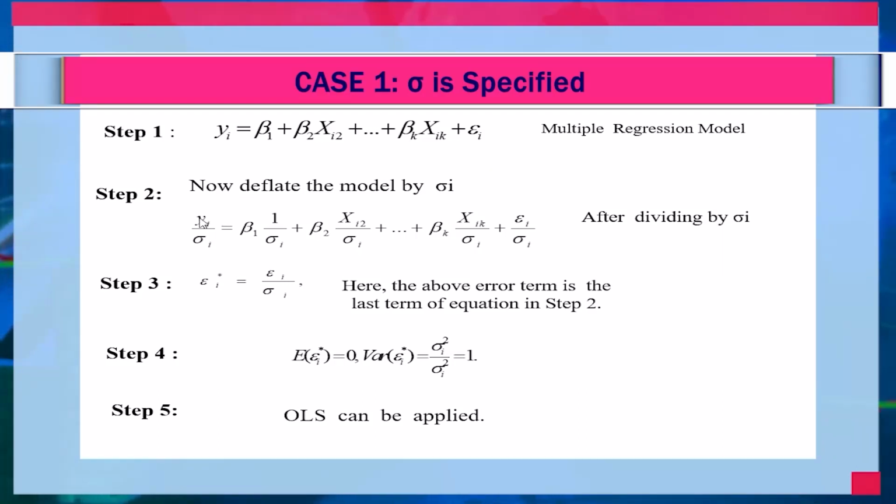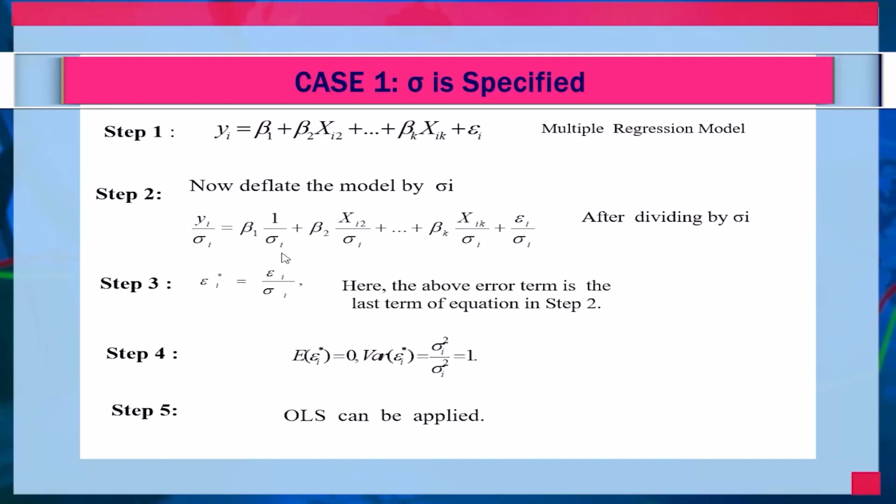Now we go to step 2. Because sigma i is known, the problem is identified properly, it is specified. So we divide both the LHS and the RHS by sigma i. So we basically deflate the entire equation by sigma i.